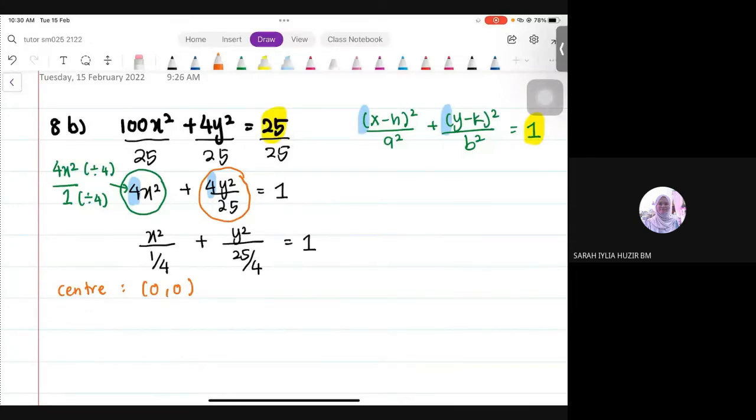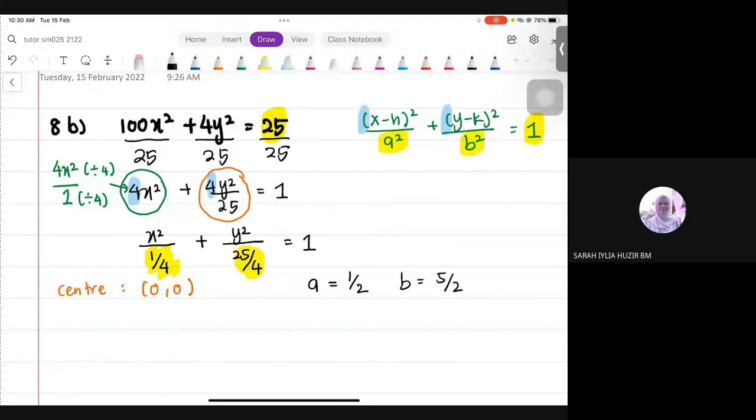So, compare this, A squared would be quarter. So kalau A squared is quarter, A would be 1 over 2, half. Next one, B squared is 25 over 4. So B would be 5 over 2.